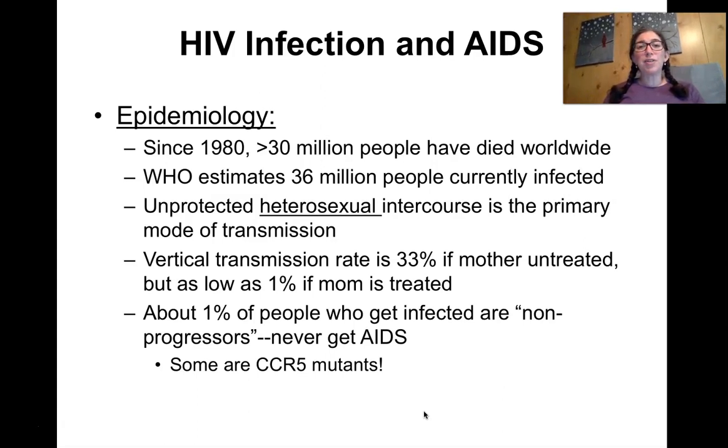When it first was starting to show up in the American healthcare system in the 1980s, it wasn't called AIDS, it was called GRID. It was gay-related immunodeficiency, because it mostly affected gay men. And that was a population of people that the government didn't particularly care about.